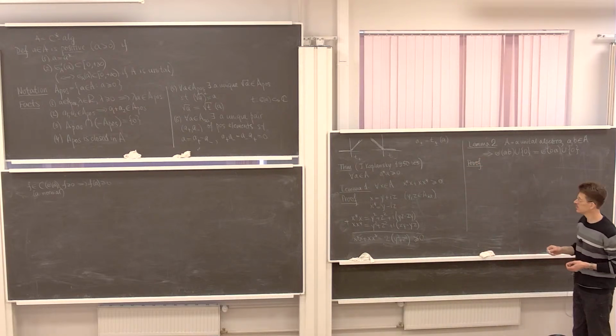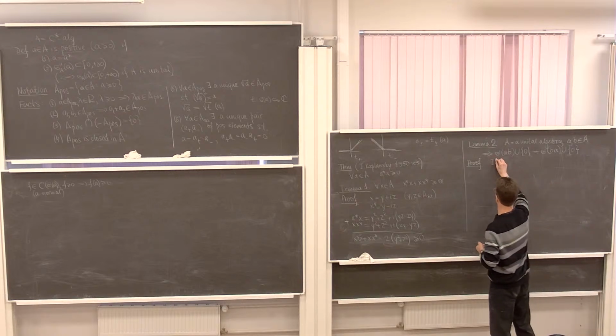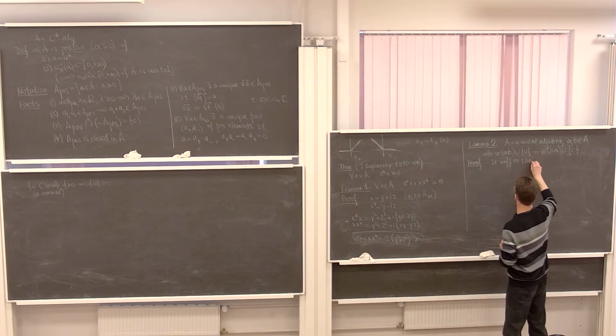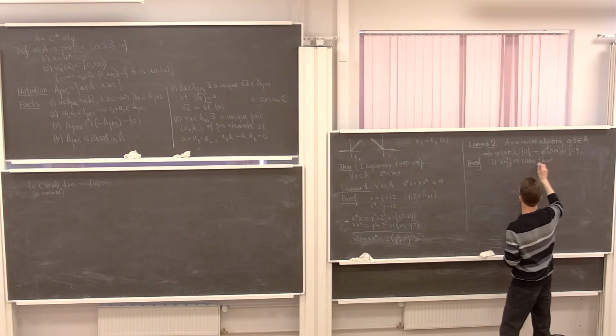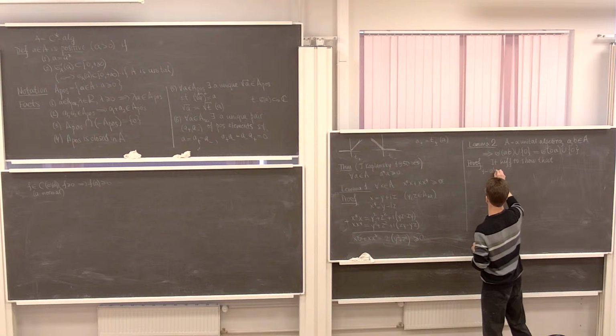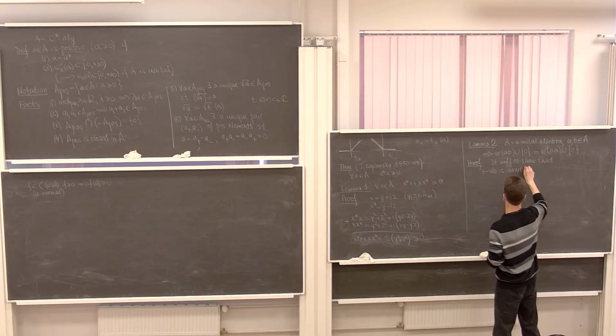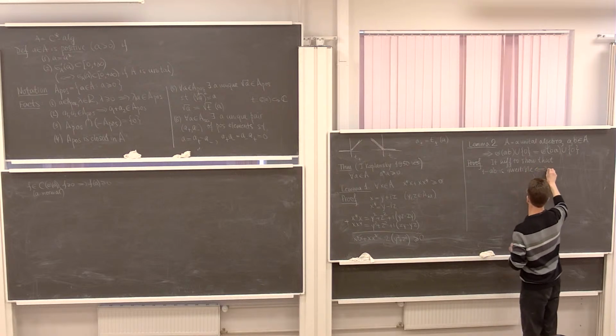First of all, observe that it suffices to show that 1 minus ab is invertible if and only if 1 minus ba is invertible.